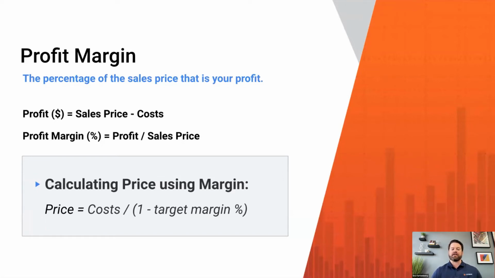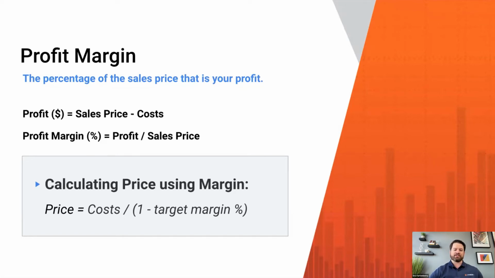Now, to calculate the profit margin, which is a percentage, you're just taking that profit divided by the sales price. So if we want to calculate the price for the job using margin, then we're going to take the cost divided by 1 minus that target margin.